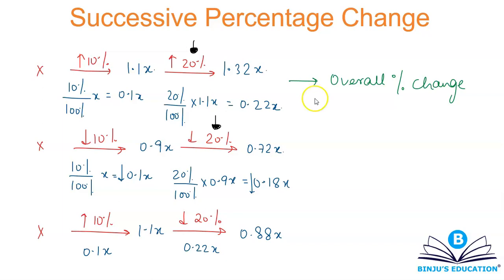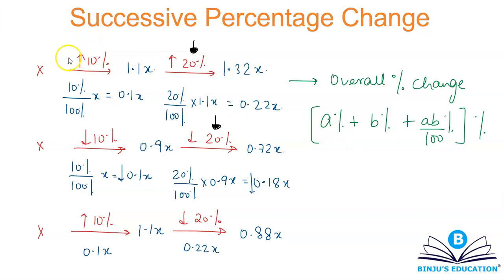So how do you use this formula? The formula is A percent plus B percent plus AB by 100 percent. So what is A, what is B? A here is the first percentage change. If I take example number 1 into consideration, my first percentage change is an increment of 10%.